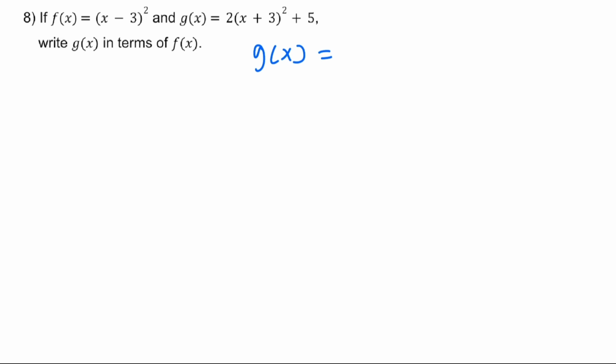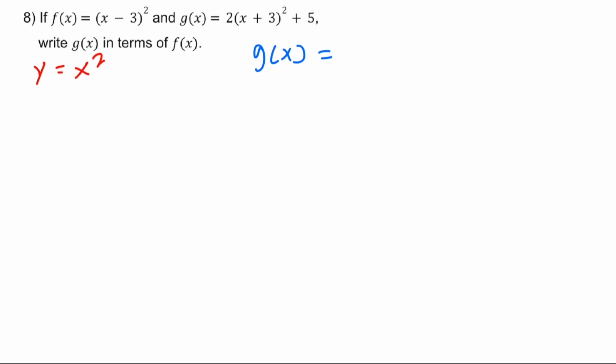Secondly, I want you to identify your parent function. Is the parent function the quadratic, square root, rational, logarithmic, stuff like that? Looking at our functions, we can see that we have a square term. Our parents match because this is the quadratic parent function, y is equal to x squared.